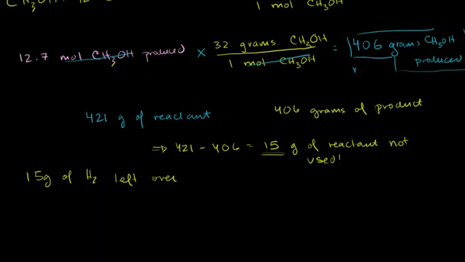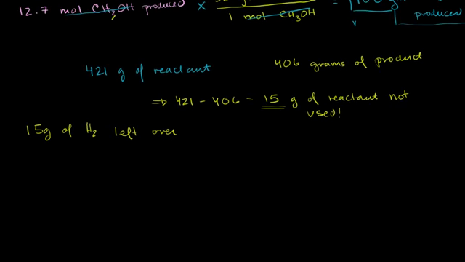Let's do that. In fact, I just want to make sure you understand. So we are starting off with 12.7 moles of carbon monoxide, and we know that 2 moles of hydrogen are required for every 1 mole of CO, of carbon monoxide.